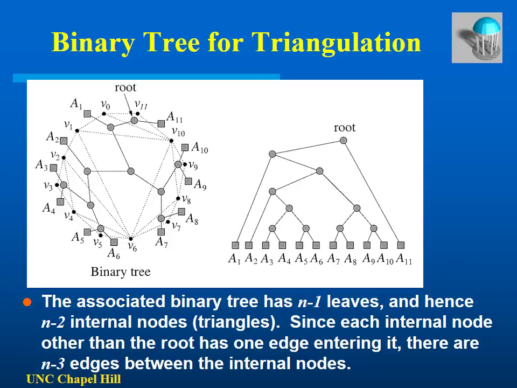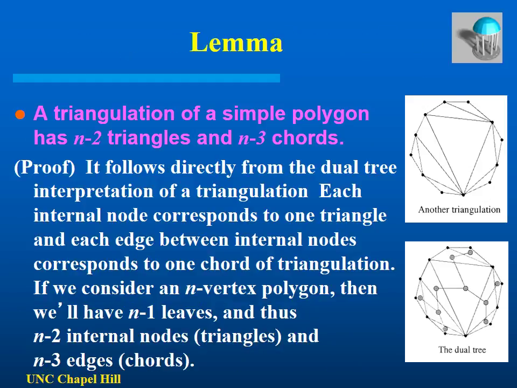Moreover, since each internal node, other than the root, has one edge in the graph entering it, there are n minus 3 edges between the internal nodes. That is to say, there are n minus 3 chords. Based on this tree interpretation, the triangulation has n minus 2 triangles and n minus 3 chords.